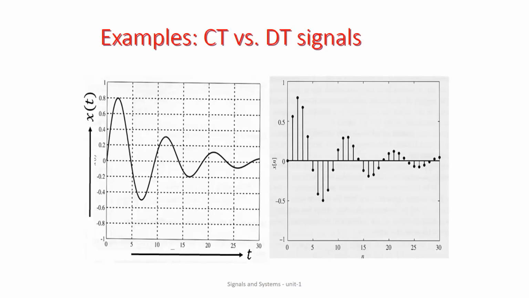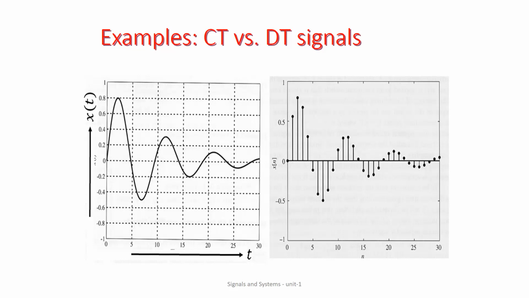The figure shows the representation of the continuous signal. The left hand side signal is the continuous signal. Right side signal is called a discrete signal. The shape of the signal will be the same, but in the continuous signal, we are taking the points continuously.